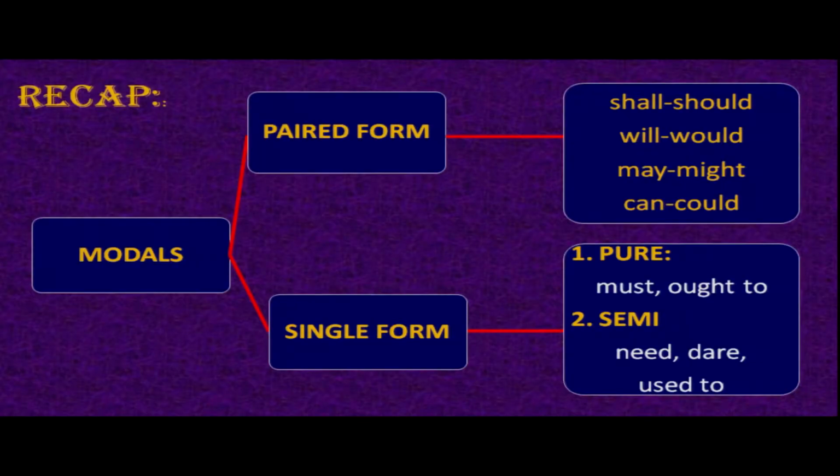Right. And we also discussed modals. They can also be categorized under two heads, paired form, single form. And under paired form, we have shall, should, will, would, may, might, can, could, these auxiliary verbs, 4 modal verbs and they have 4 past forms. So 8 modal forms.